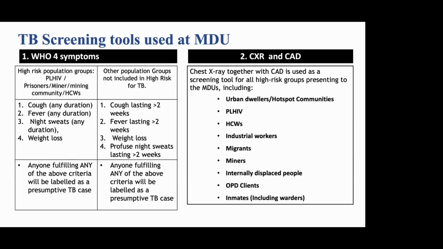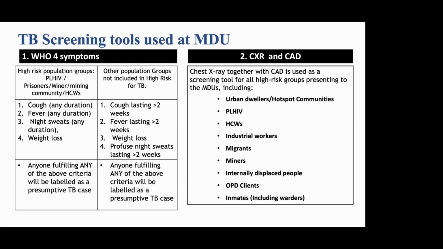So what did this algorithm look like? The WHO symptoms, I think you know, are basically cough, fever, night sweats, and weight loss. For those that we deemed to be high risk, we put this set of questions into categories. For those that we felt were high risk, and you can see who that is, and for anyone else, it made the basis for what we asked.